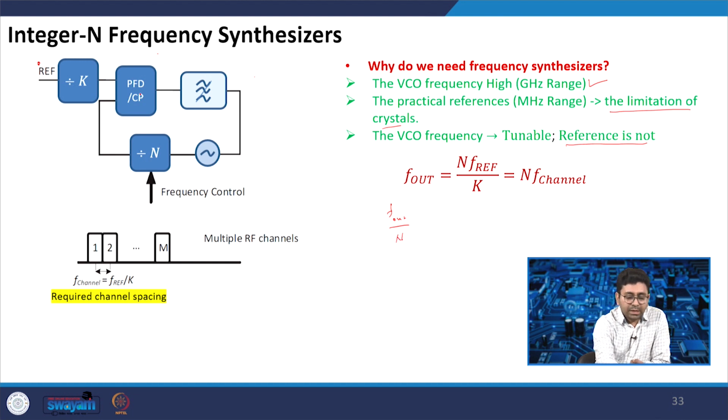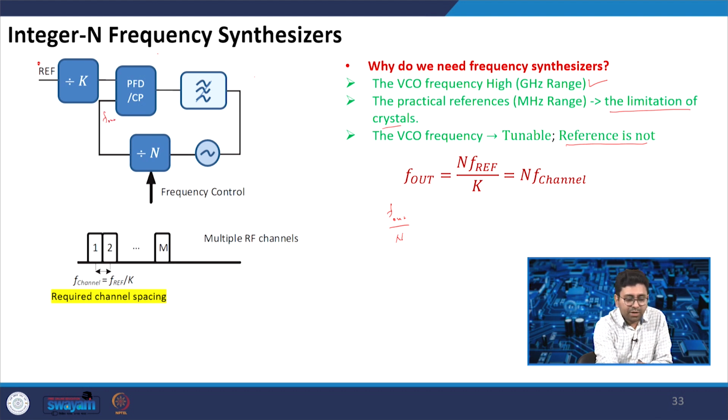Now, as the PFD, we have already discussed the phase frequency detector and after that the charge pump. This PFD requires the same frequency at its inputs, and only the phase difference will be found out.